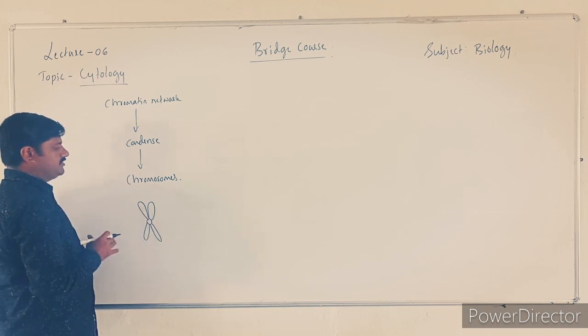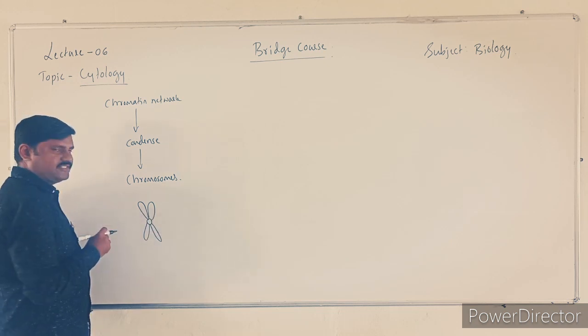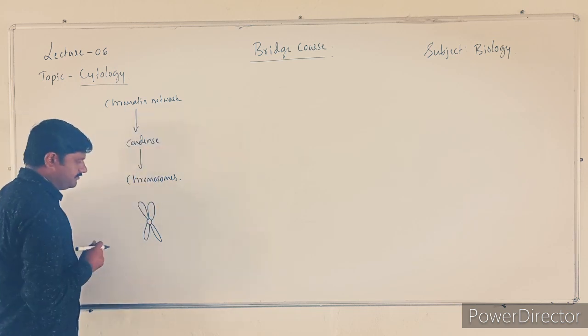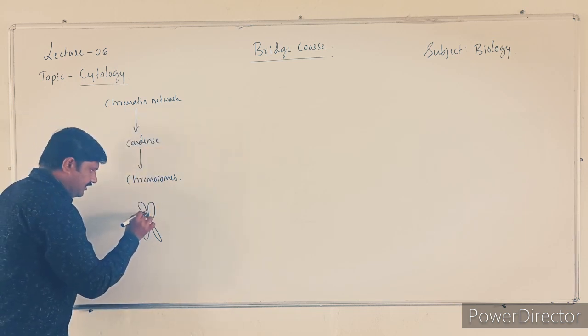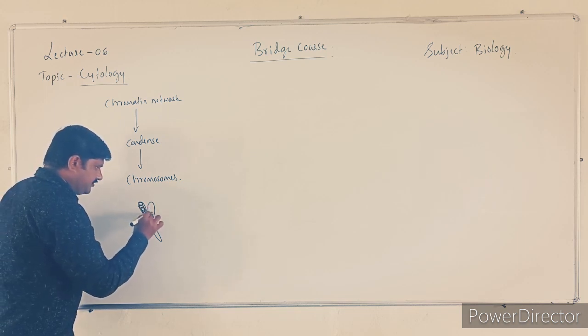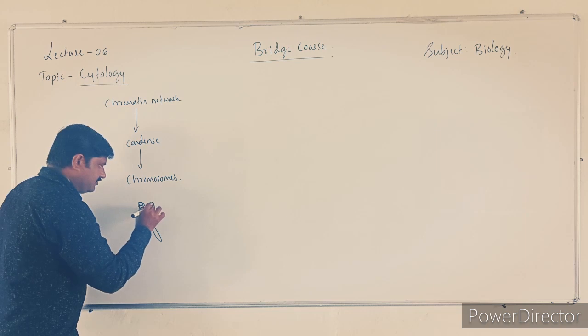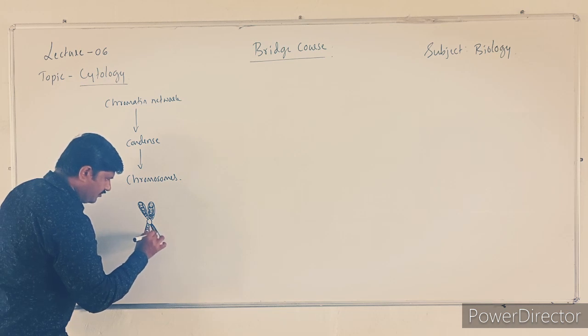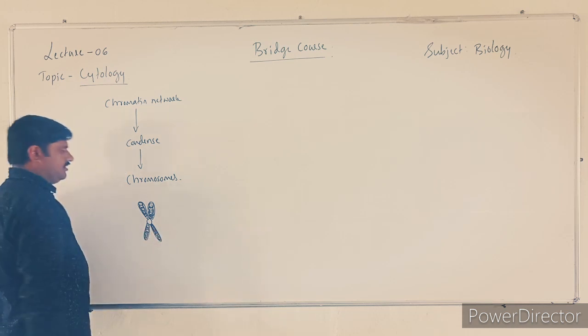These are the chromosomes, and these chromosomes are highly coiled structures of the chromatin network. So you can see here the chromatin network condenses or coils to form highly condensed structures called chromosomes, right?